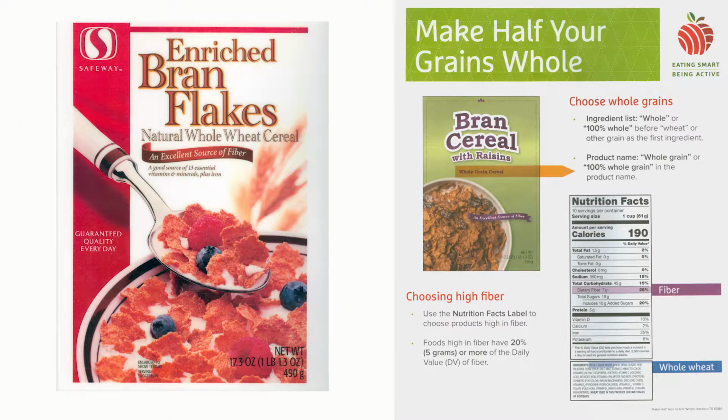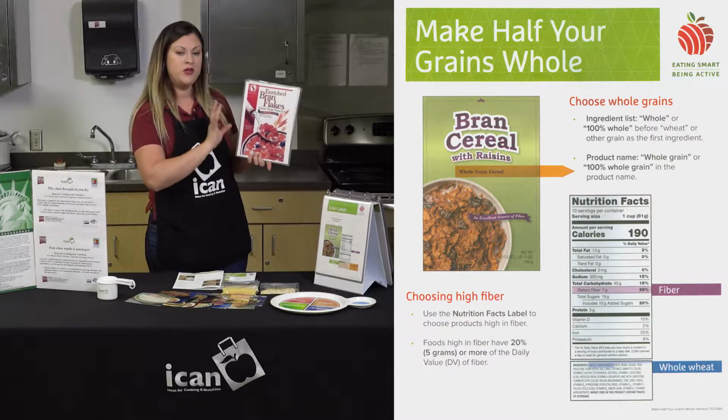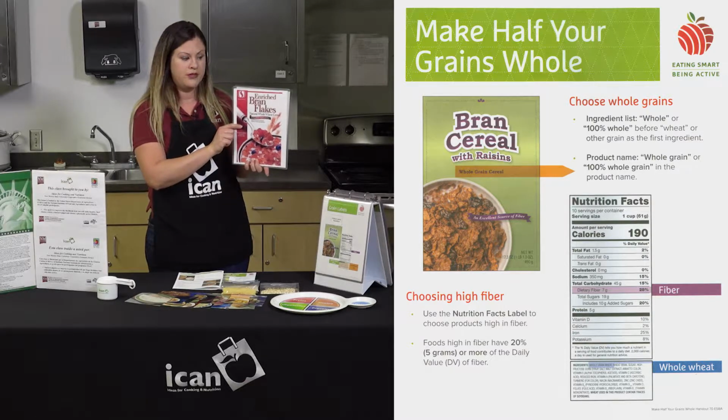So we have here how it says enriched bran flakes, natural whole wheat cereal. And then it lets us know that it has an excellent source of fiber. So we'll look for ourselves here in a little bit at the nutrition facts label when we flip over this label.